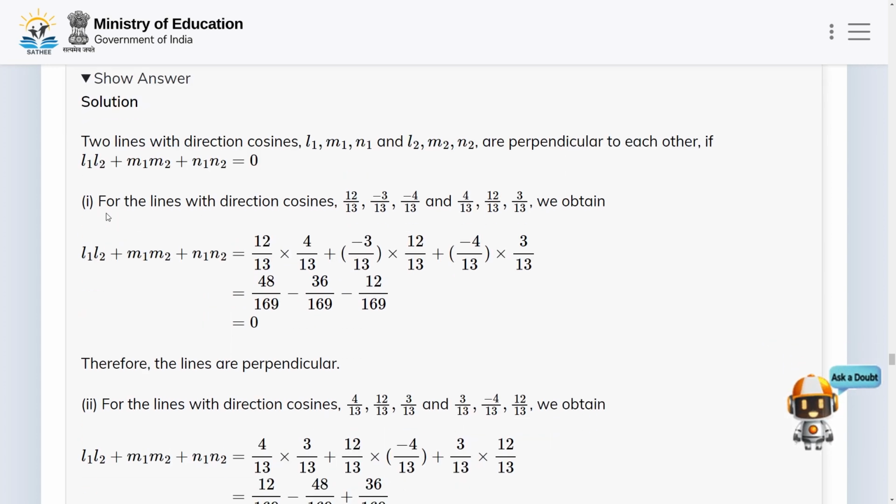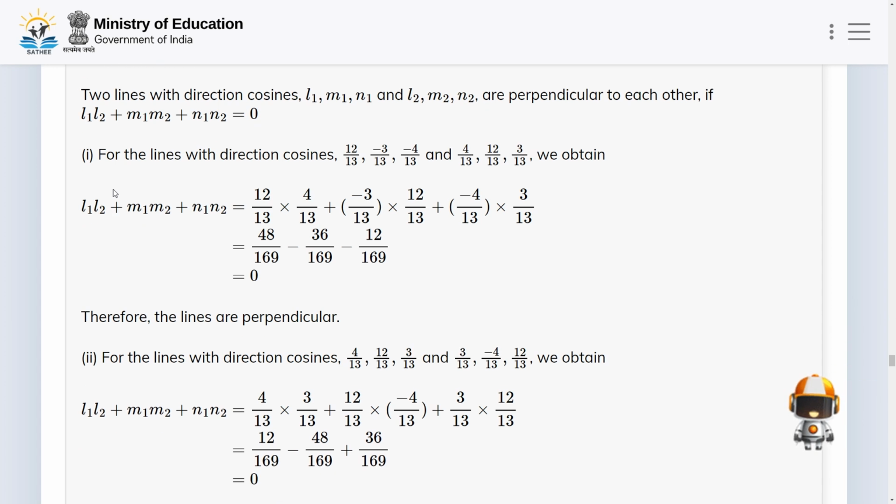Now for the lines with these direction cosines, according to this expression, we obtain 0. I hope it is clear to you. This means your lines are perpendicular.